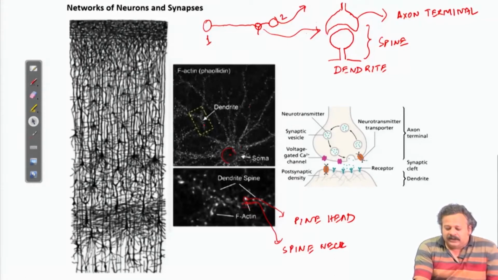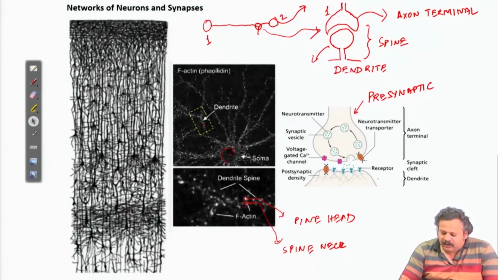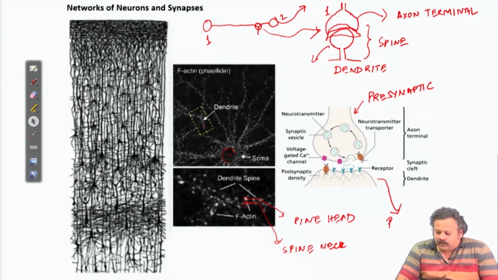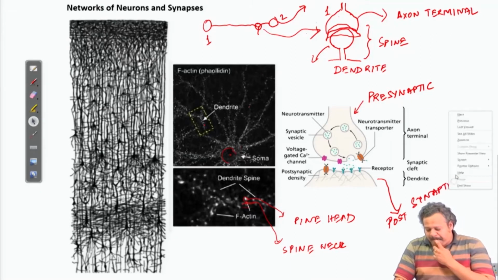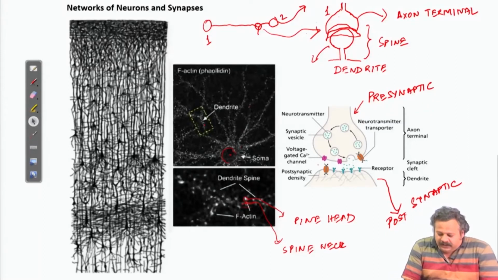This particular side on the neuron 1 side is called the presynaptic side, which is depicted here as the presynaptic side. And the spine side is called the postsynaptic side. Here the spine is not drawn completely, it is only showing this top part, and this is the postsynaptic side. In between there is a gap, and that is what we call the synaptic cleft.